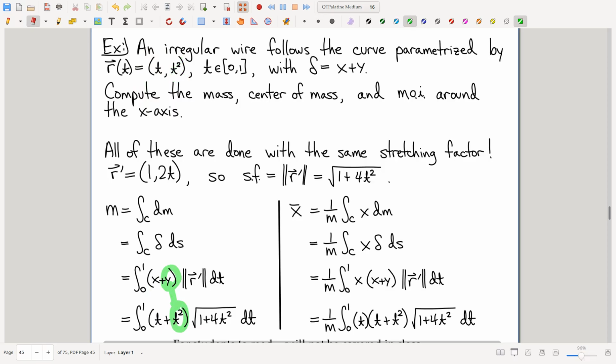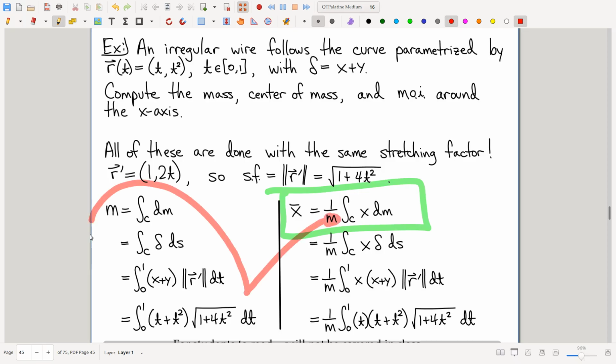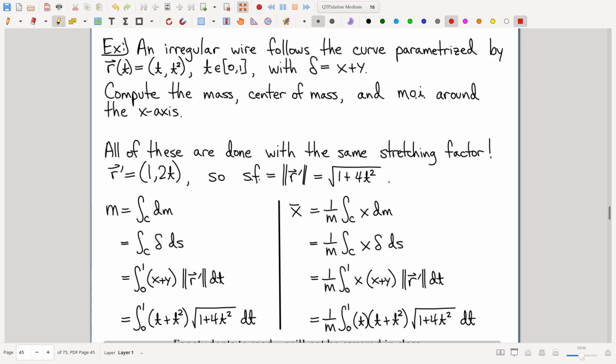All right. Now, let's look at this next one. Let's look at how to do x bar, and this is where things are going to get really efficient. We write down the formula for x bar. You've got to start with that. You'll notice we've already computed m, or at least we've already written down an integral to compute m, so that's fine. And then notice this.